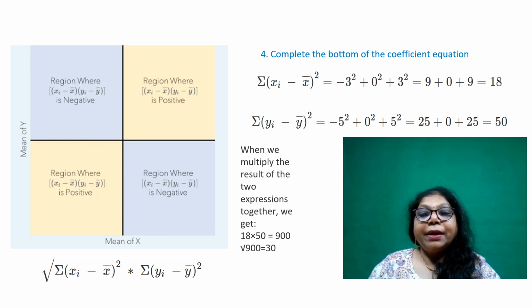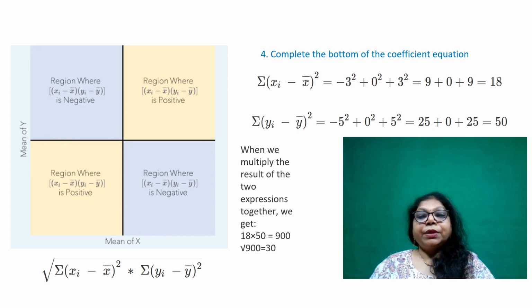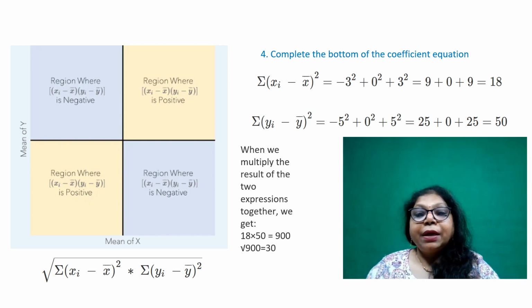Similarly, for y it comes to 25 plus 0 plus 25, which is 50. Now multiplying both, 18 into 50 is 900. The square root of this is 30. So this is the denominator value.